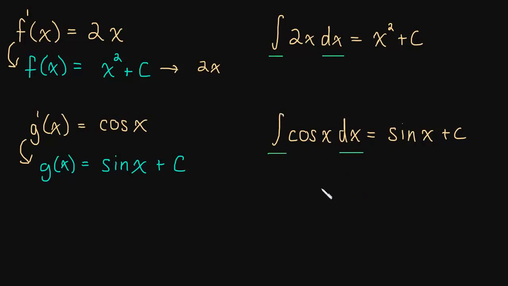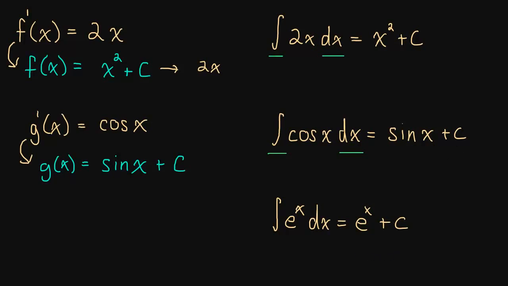Let's do another example using this new notation. What's the antiderivative of e to the x? Well, the derivative of e to the x is just e to the x, so the antiderivative of e to the x is just e to the x plus c.